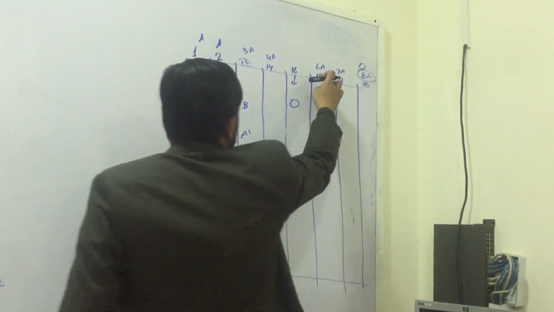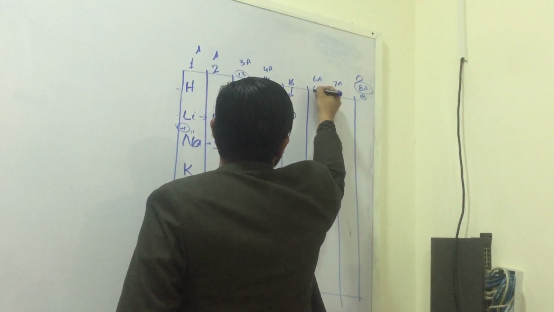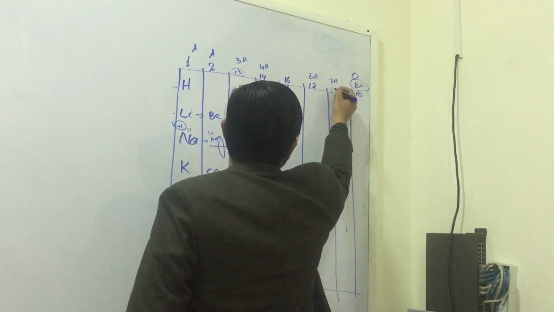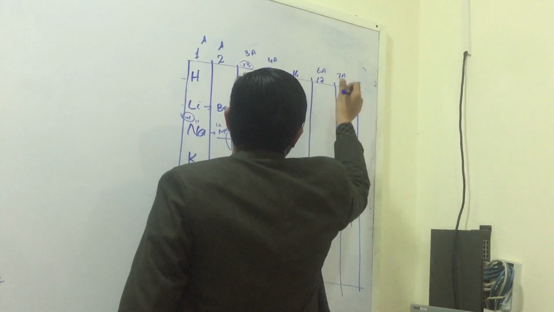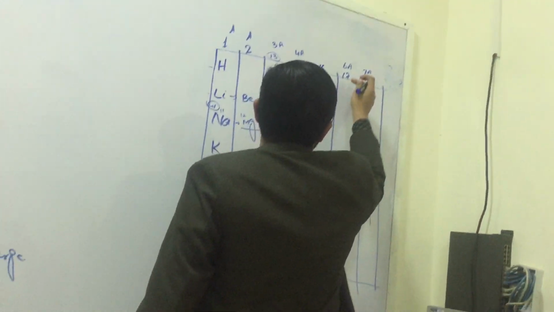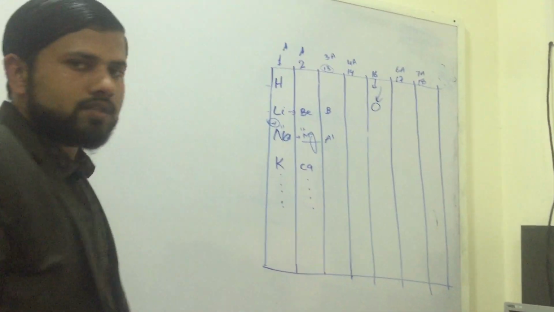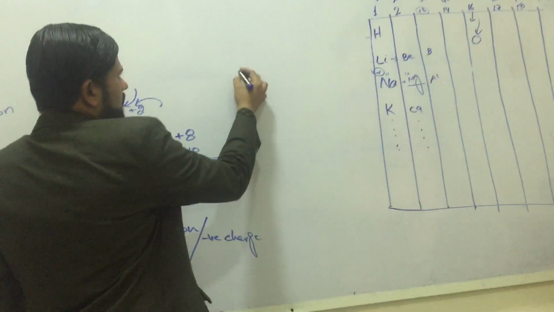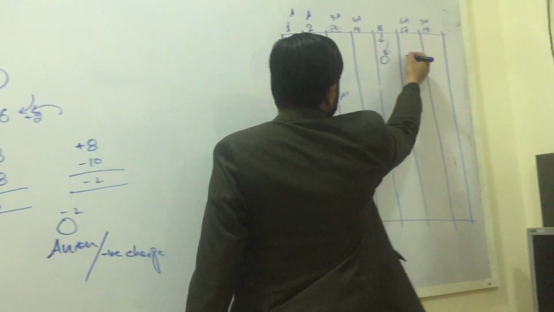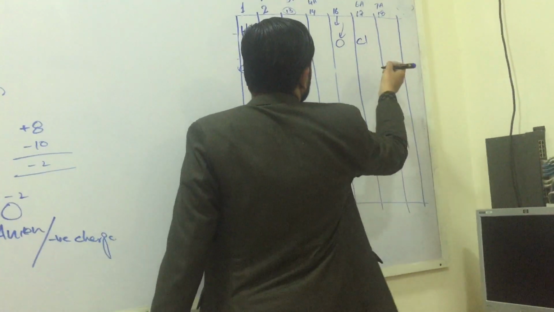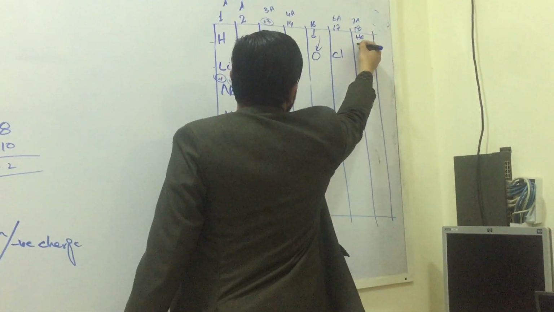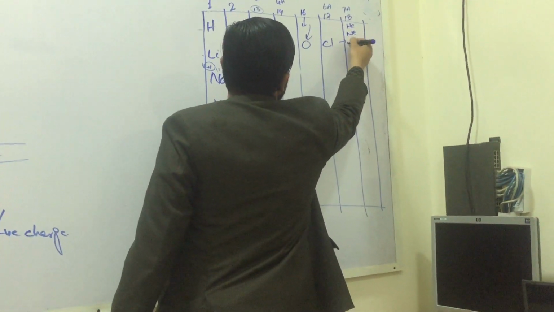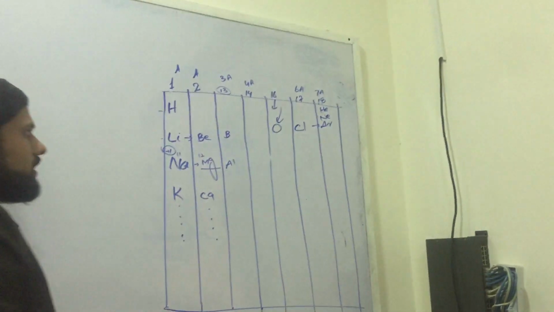So there would be 17, 18, and this one is nothing. Oxygen we are done with, and group number 17 means chlorine. Chlorine is present here. In this group, the first element is helium, then neon, then next to it argon, if you check your periodic table.